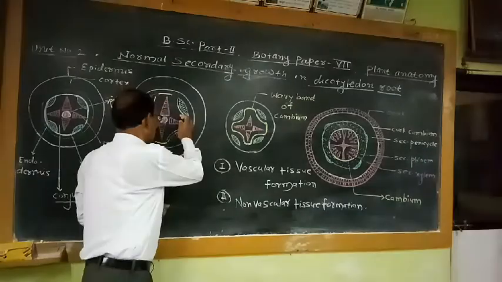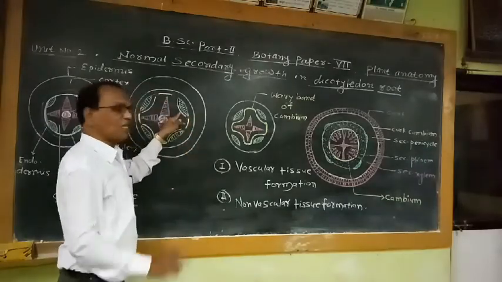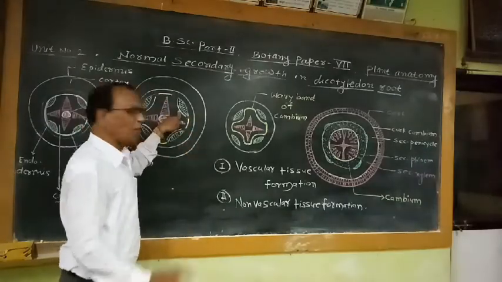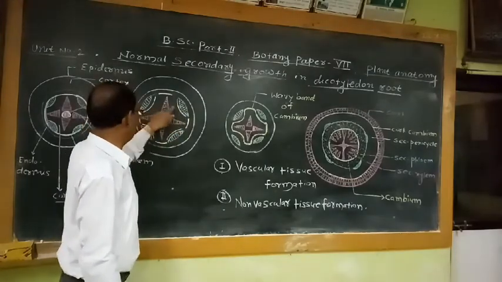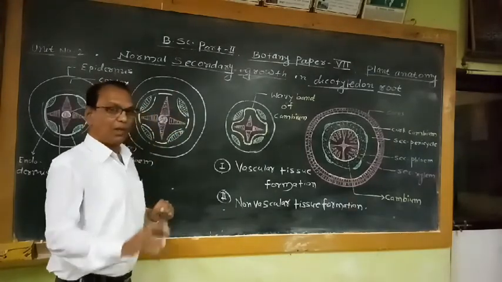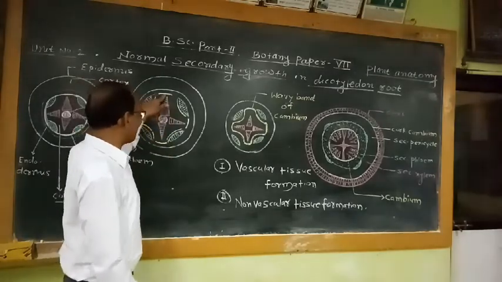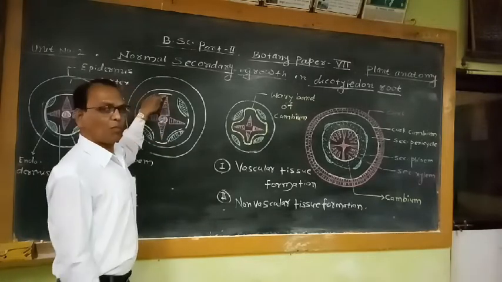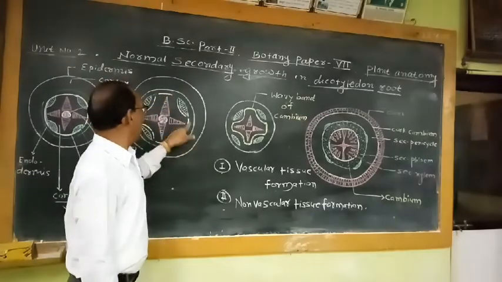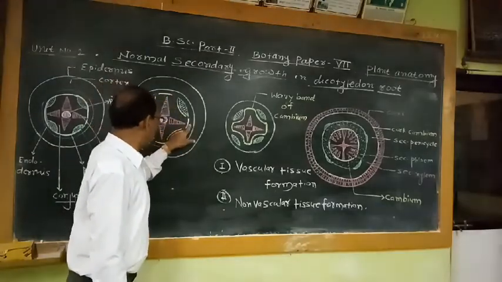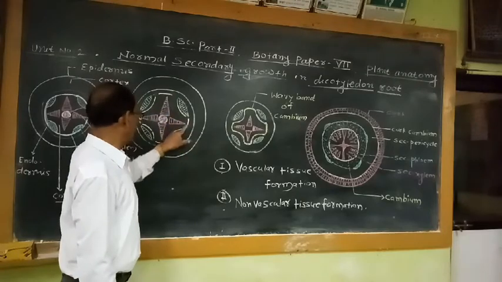The conjunctive tissue cells below the phloem bundles become meristematic and form 4 strips of cambium below the phloem bundle: 1, 2, 3 and 4. At the same time, the pericycle cells opposite to the protoxylem again become secondarily meristematic and form another 4 strips of cambium: 1, 2, 3, 4.